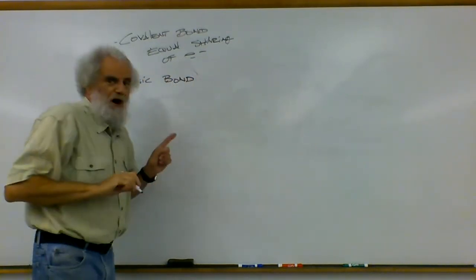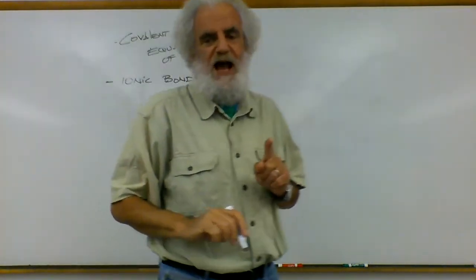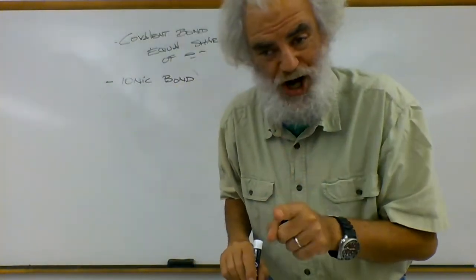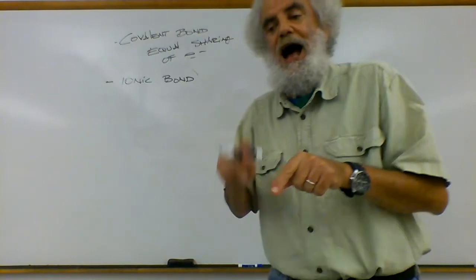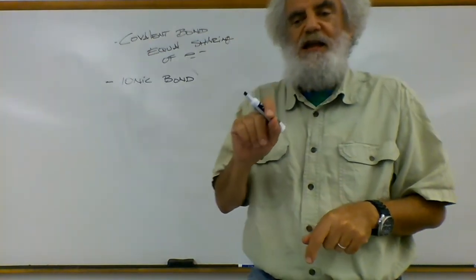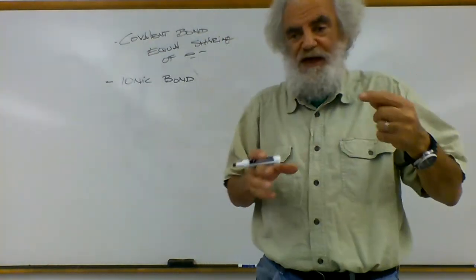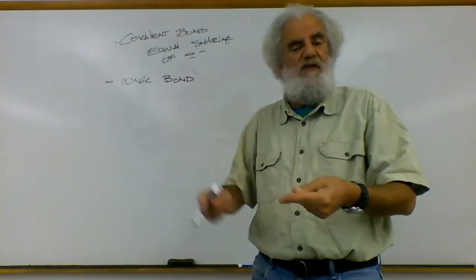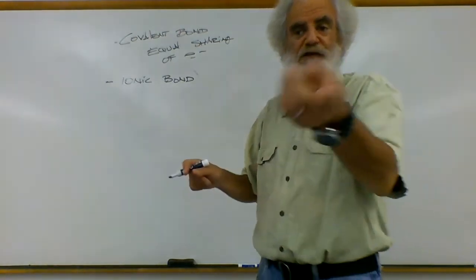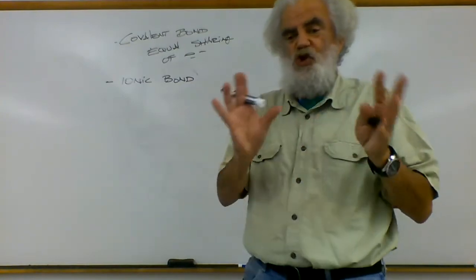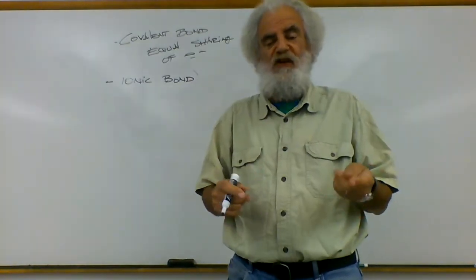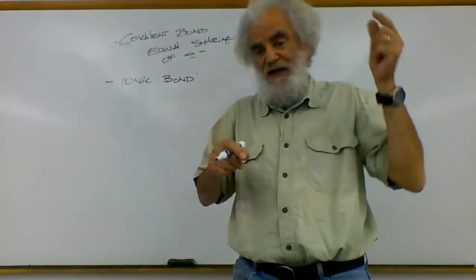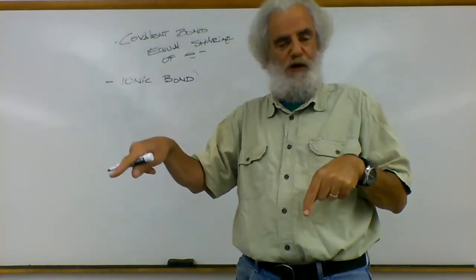An ionic bond is an unequal sharing of electrons, i.e., we've got an atom that has an extra electron and then an atom that is missing an electron. So let's look at this. Two atoms that can form ionic bonds make salt, and that is sodium and chlorine.